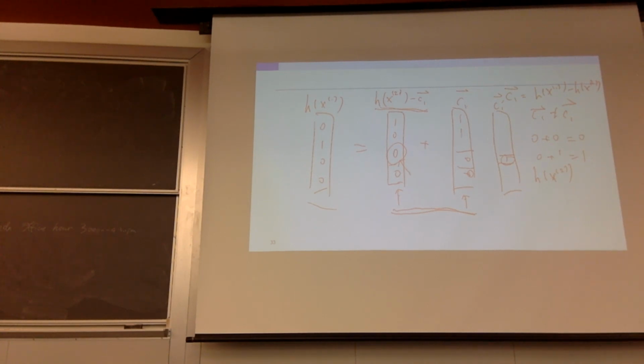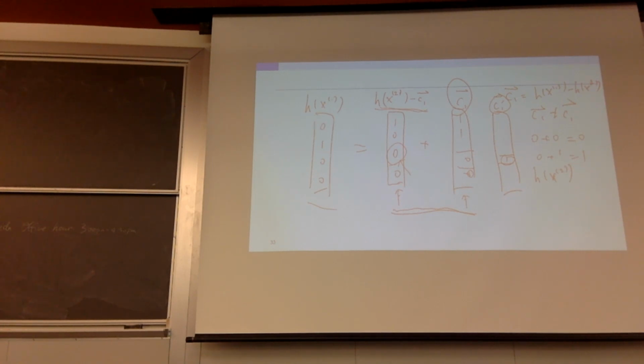Since C1 is the one that we constructed so that the hash value of x2 is the same as h of x1, that means if you use C1 prime that's different from C1, the hash value of x2 is going to be different from the hash value of x1.